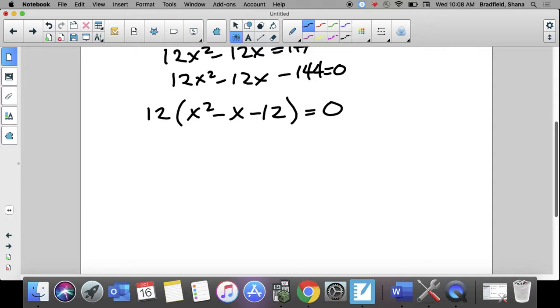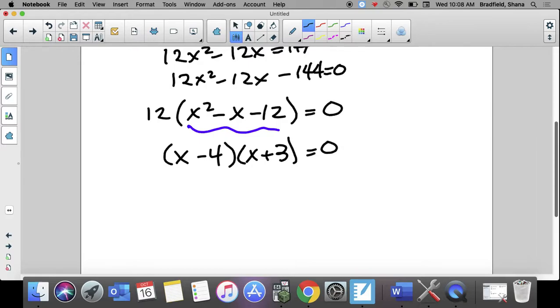And then really the 12 out in front there is not going to have any impact on my answer. So I'm looking at just this part, and I'm going to factor that. That gives me x minus 4 times x plus 3 equals 0, and the result would be x equals 4 and x equals -3.